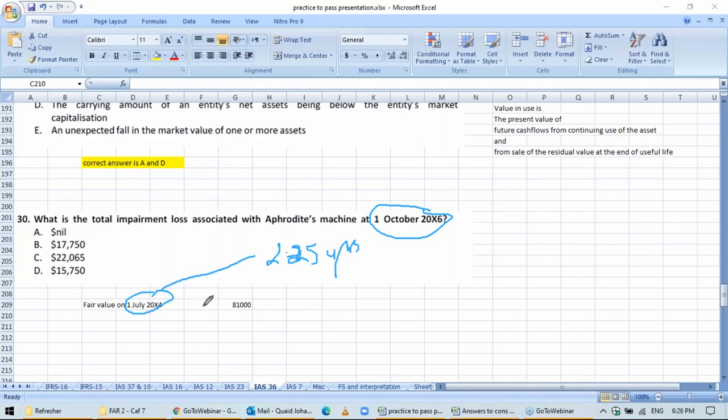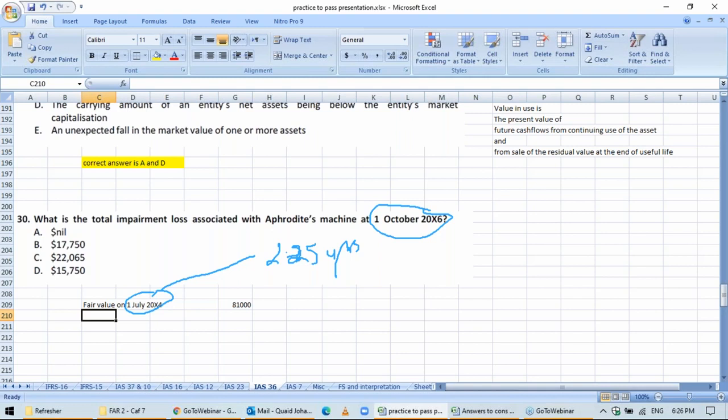We are now talking about the value after 2.25 years. So first we will calculate the depreciation for the 2.25 years before we move on to the impairment loss calculation. So every time we need to calculate impairment, first we will calculate the carrying value and then compare the carrying value with the recoverable amount.